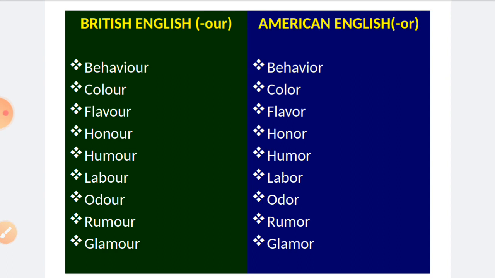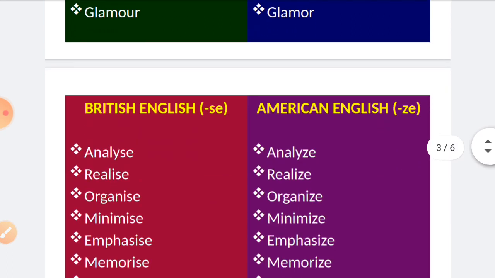The similar pattern is also seen in words like flavor, honor, glamour, and so on. Which means that words ending in OUR in British English are replaced with simple OR in American English. So do remember, that's the very first orthographic difference between British English and American English.